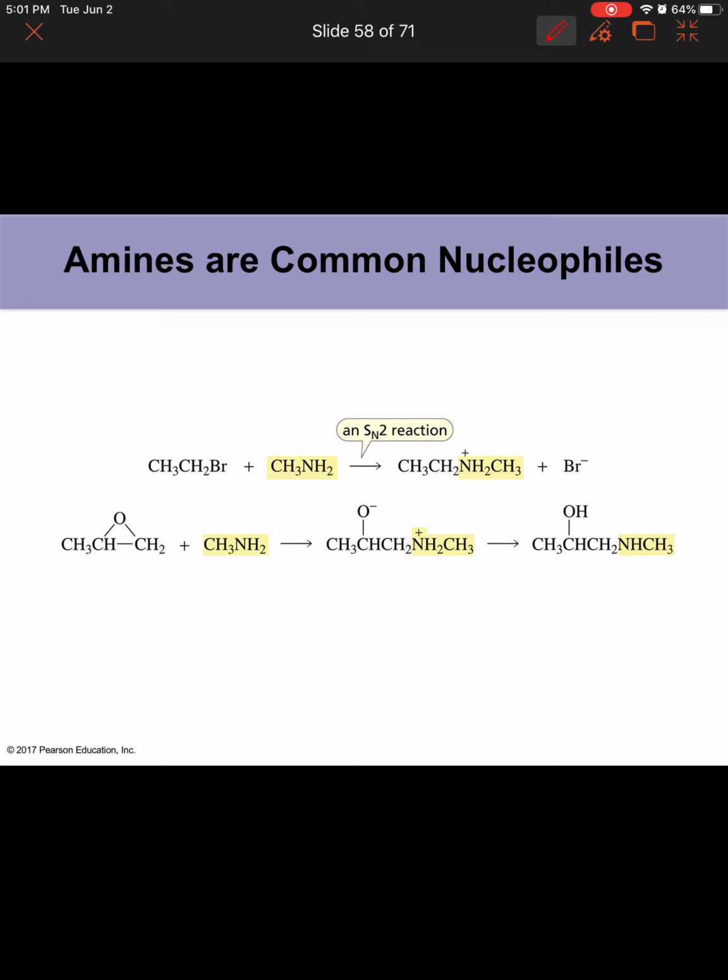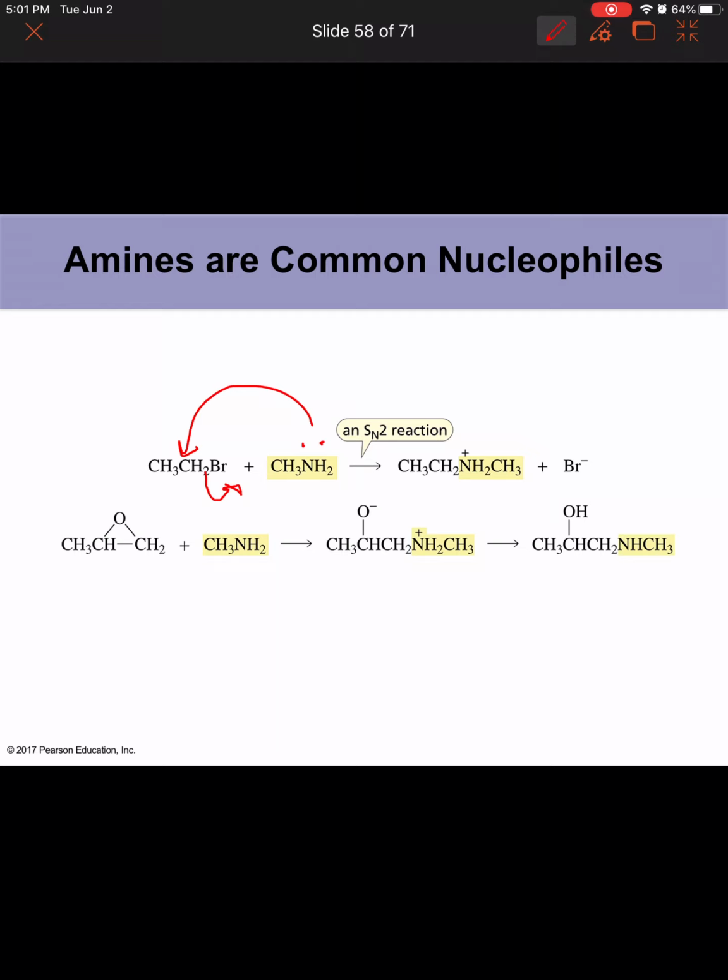So this is the lone pair on the nitrogen. It's going to attack a primary carbon, and then the bond between carbon and bromine breaks. So bromine leaves. So you can see ethyl methylamine is going to be the product plus Br minus.